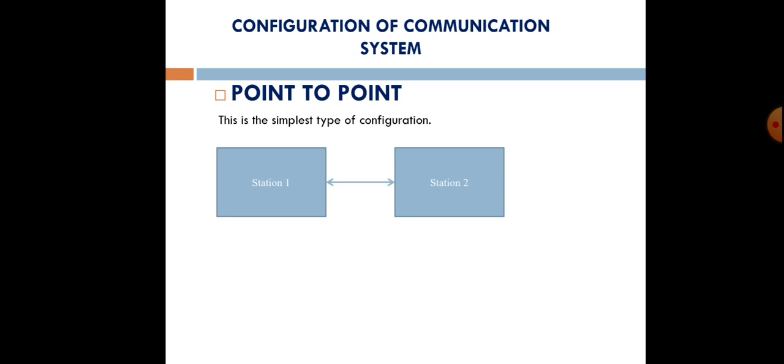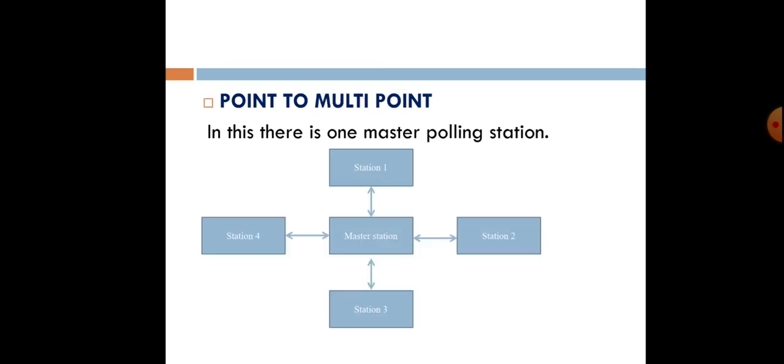Now the second configuration method is point to multi-point. In this, there is one master polling station. Sometimes CMS itself works as the polling station. This type of configuration is most commonly used.